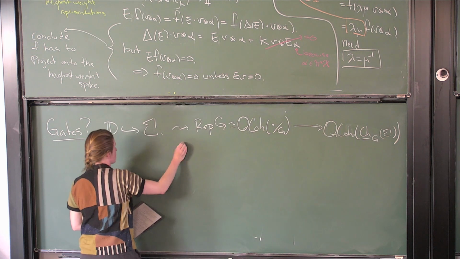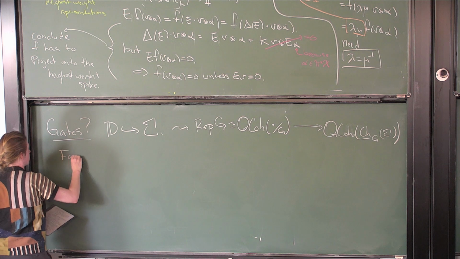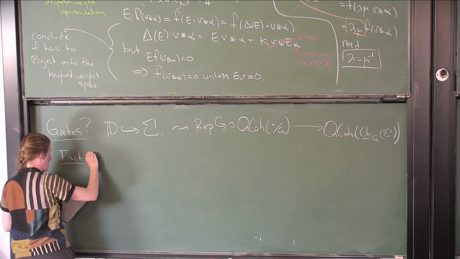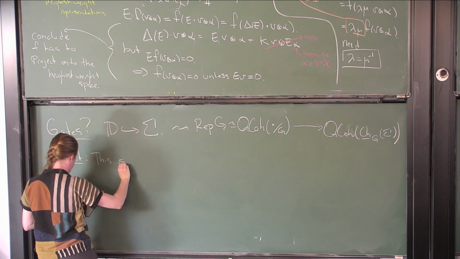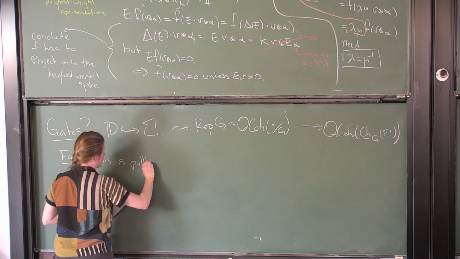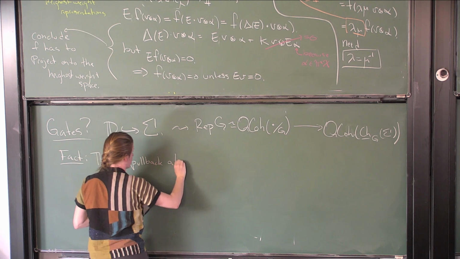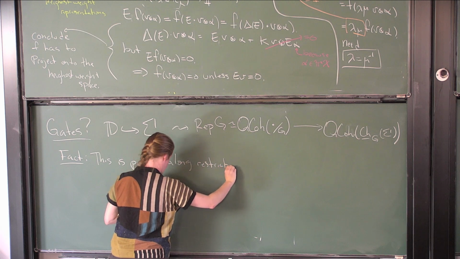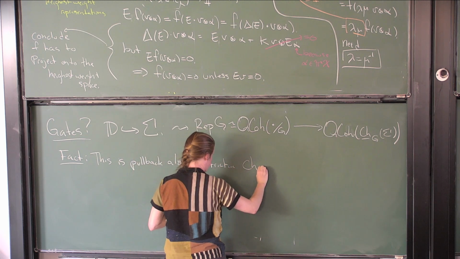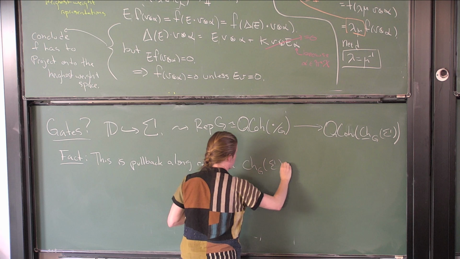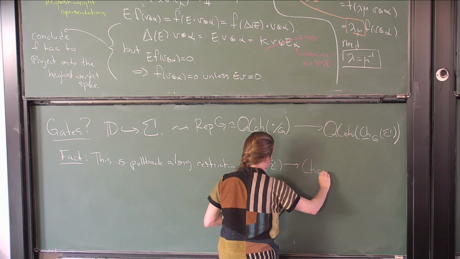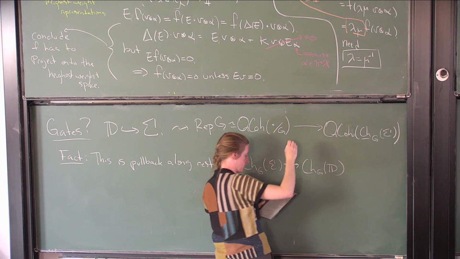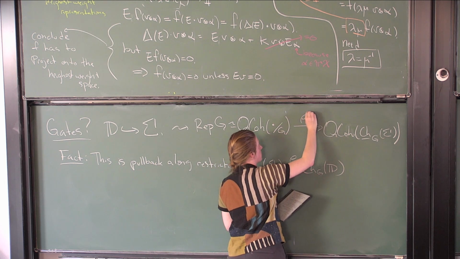And here's a fact. This is pullback along the restriction map. So it should look about like this.